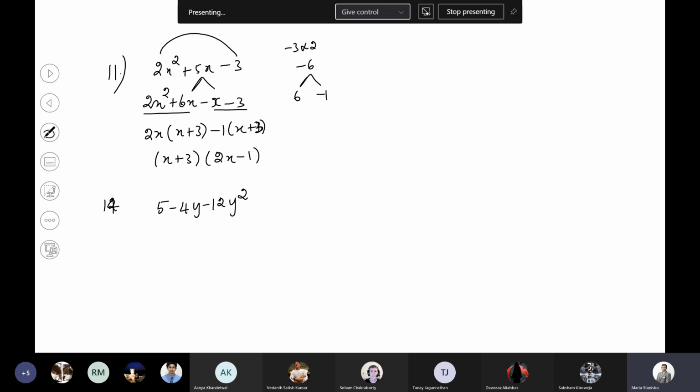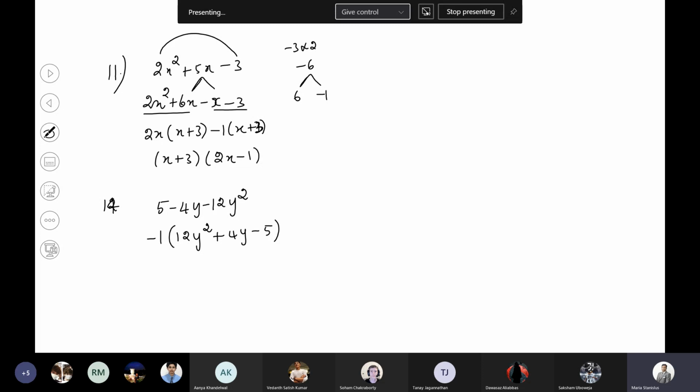Is the order in a different order? Very good. So, take minus 1 as a common factor and rearrange. It would become plus 12y square plus 4y minus 5. So, minus 1 is one of the factors of the given expression.